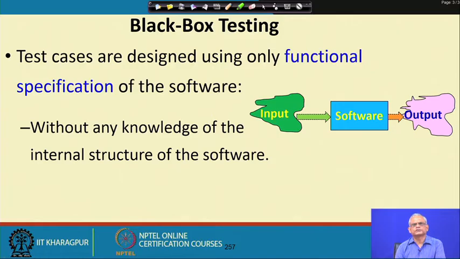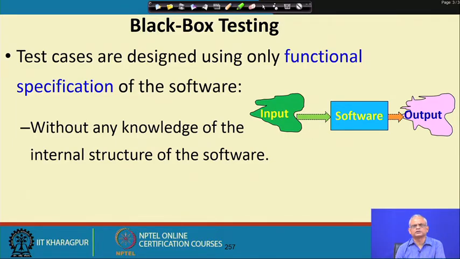Now, first let us do black box unit testing. Black box unit testing is done based on the functional specification of the software, or the functional specification of the unit. So, given a unit, we do not need to look at the code; we just see its input output behavior, and based on that we design the test cases.